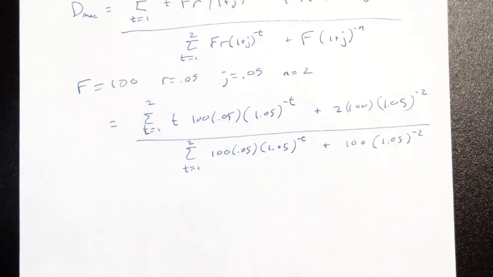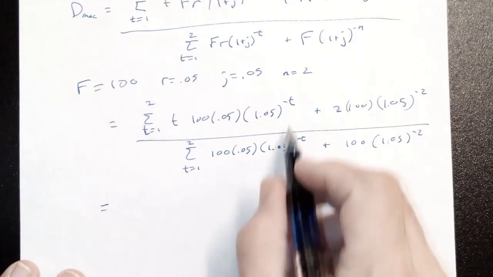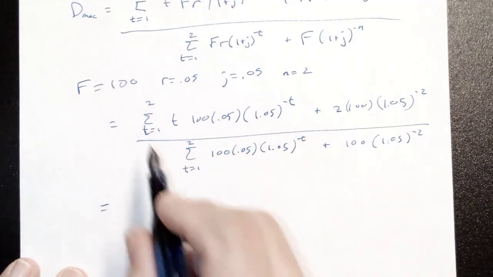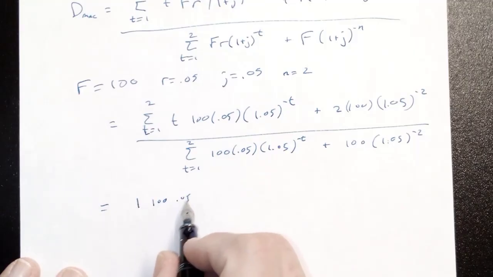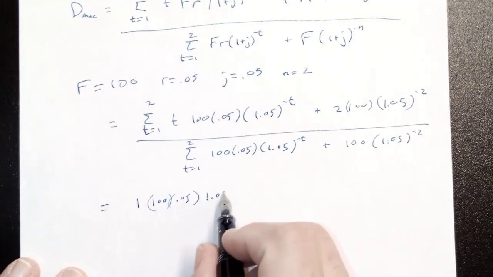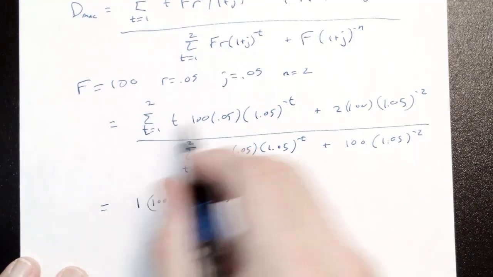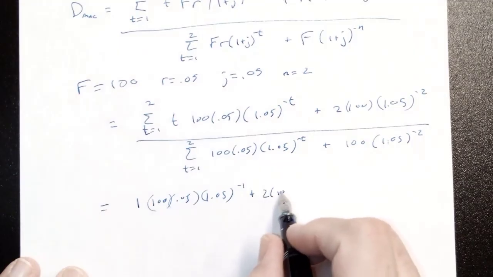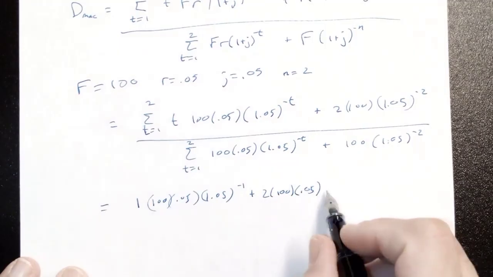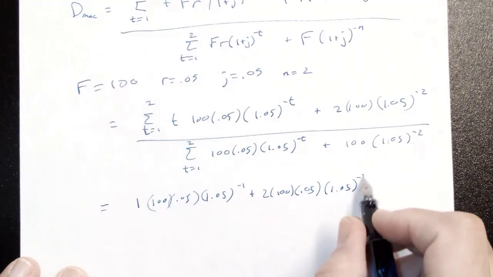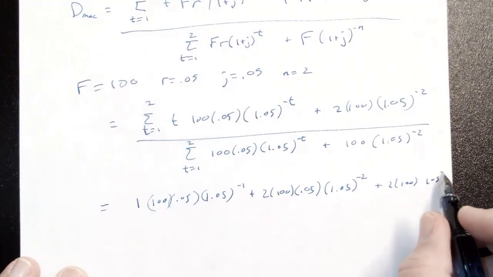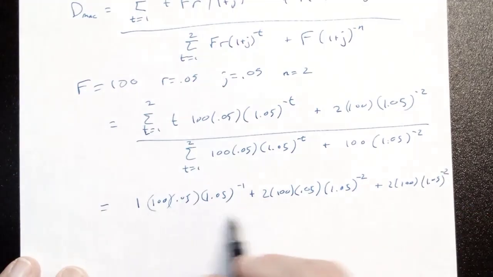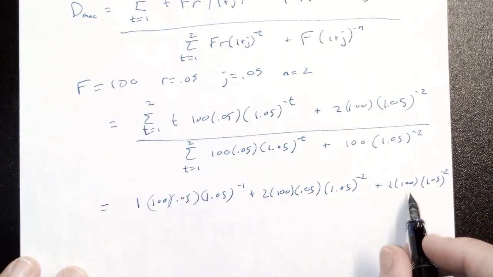All right, hang on a second. This is a lot fewer numbers than I actually need to do here, there are only two things in each of those sums. So when t is 1, I get 1 times 100 times 0.05 times 1.05 to the minus 1. When it's 2, 2 times 100 times 0.05 times 1.05 to the negative 2. So these are the two coupon payments, and this is the redemption value.